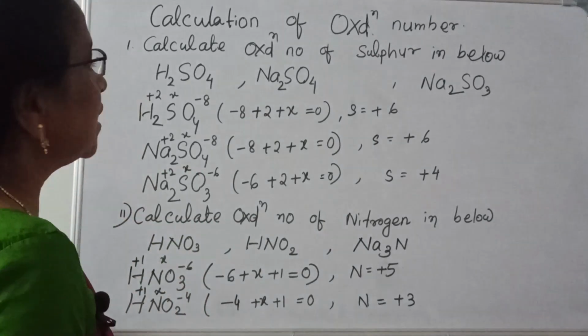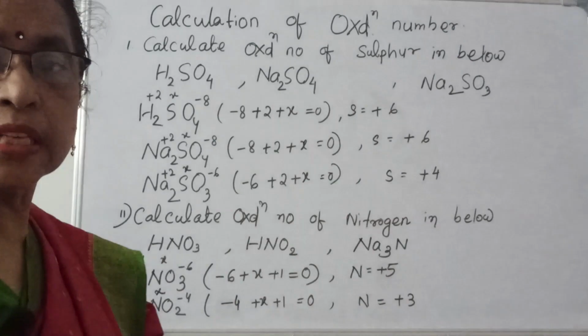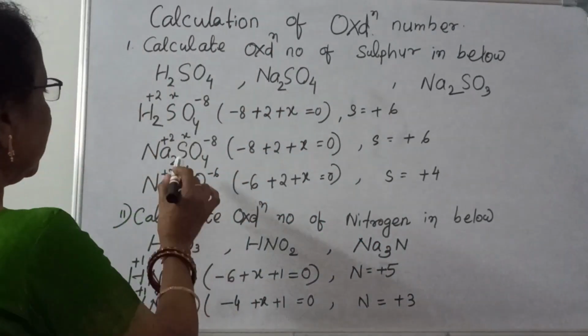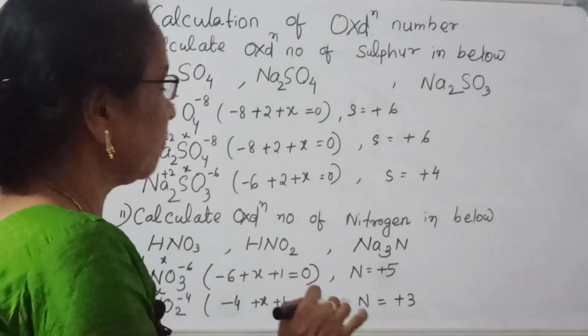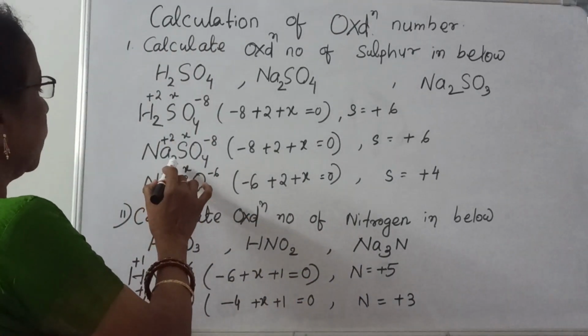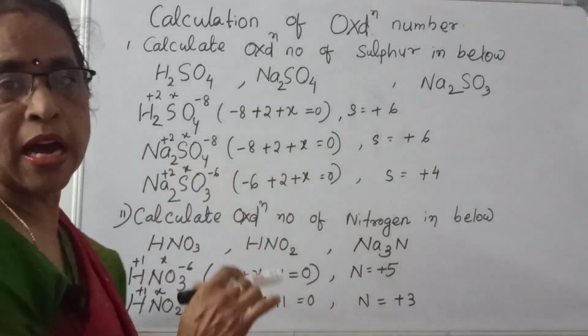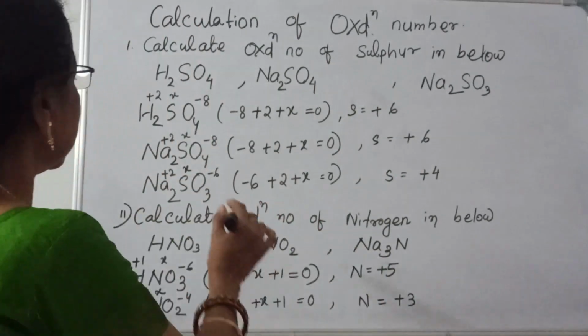Now next is Na2SO4. What is Na2SO4? Sodium sulfate. Now again you will calculate the oxidation number of sulfur here. So Na2 means plus 1 into 2, plus 2, and oxygen minus 2, that is why minus 2 into 4, that is equal to minus 8.